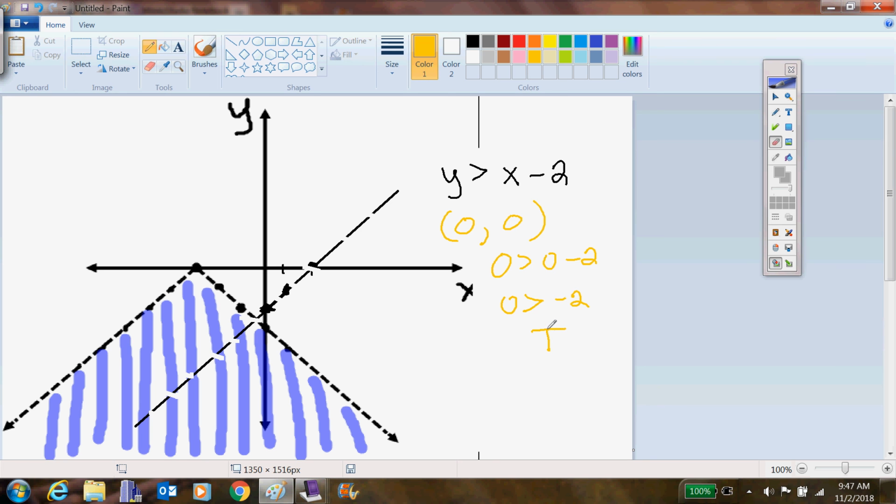Yep, 0 is greater than -2. So what we can do then is we think of it's going to be in this region where that is. So that takes us above. So somebody said not sure, so we want to make sure that we're sure. Okay, and let's move on to the other one. We go above for that.